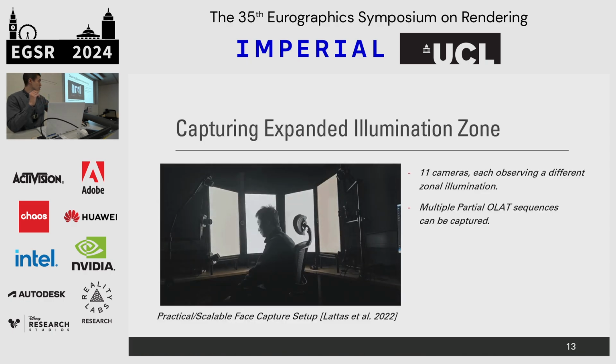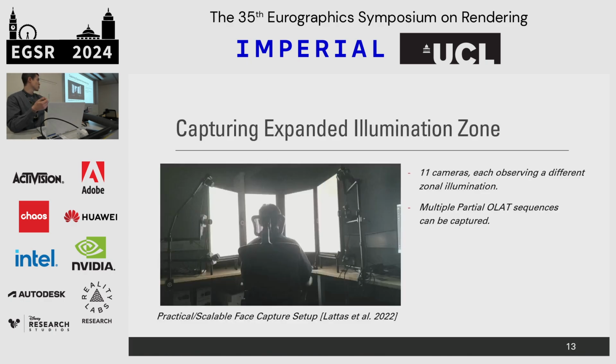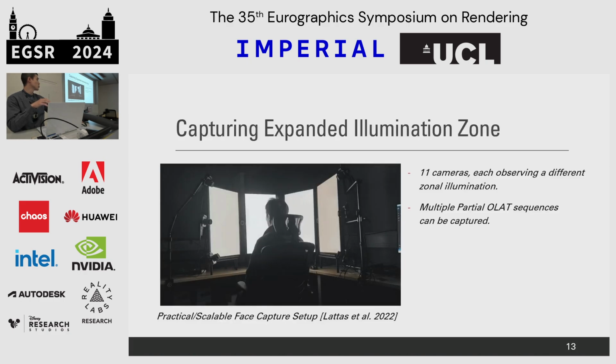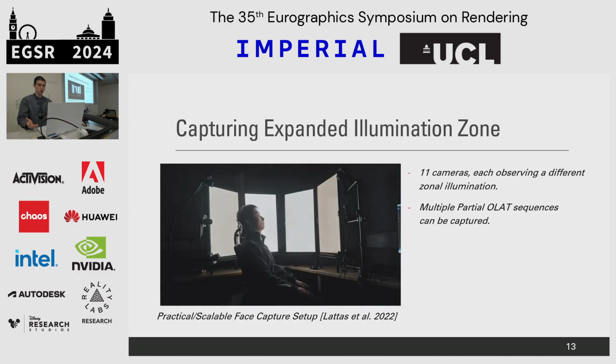So while a direct OLAT sequence capture is impossible, we can get multiple partial OLAT sequences with slight pose and expression variations in the subject. And hopefully this will give us enough information to train a full coverage reflectance model.